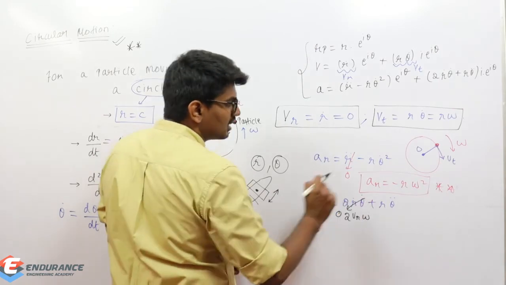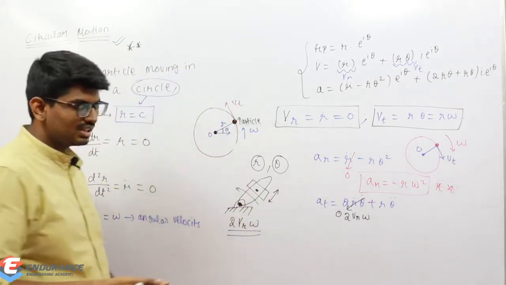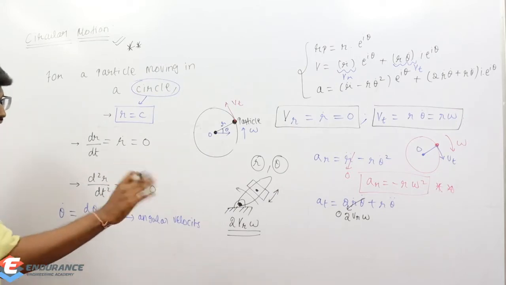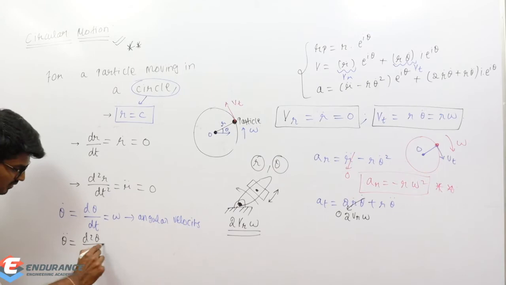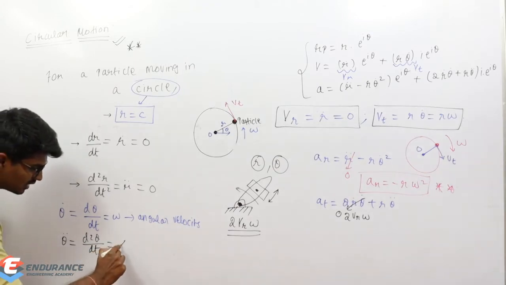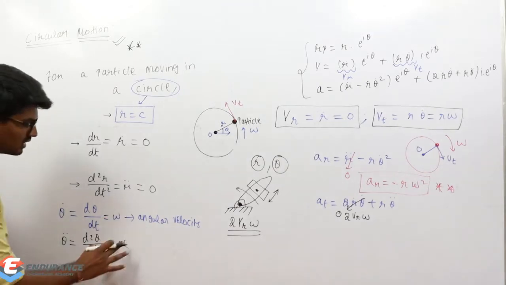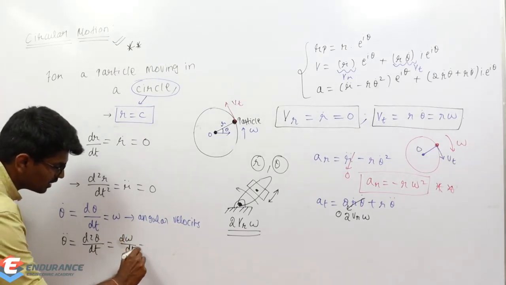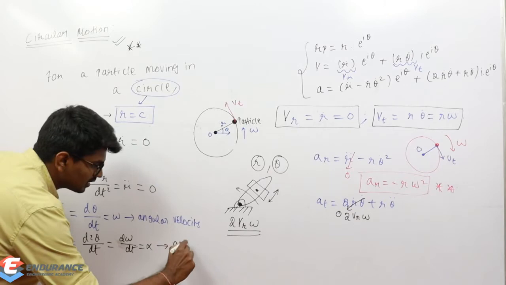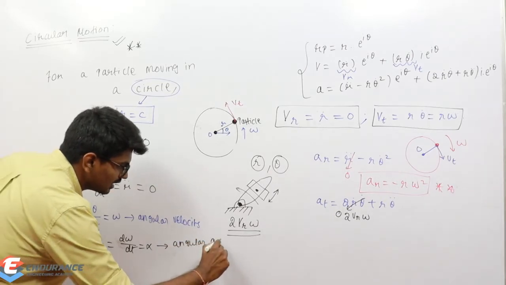And what about r theta dot? Omega is there anyway. Theta double dot is nothing but the differentiation of theta twice, which is alpha, or simply we can write it as d omega by dt, which is equal to alpha. This is nothing but angular acceleration.